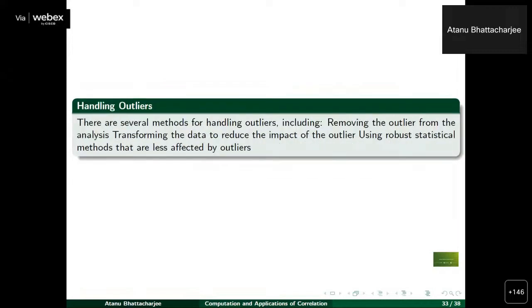I mentioned this already, for example, handling the outlier. There are several ways to handle outliers. The best process is to remove the outlier from the data using some robust statistical methods. We can go into more detail about outlier detection, but fundamentally there are different statistical tools available to detect and remove outliers.